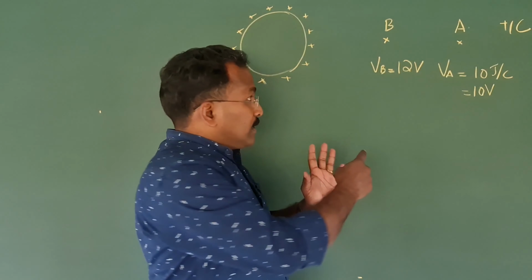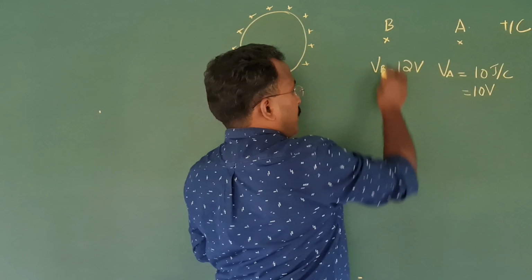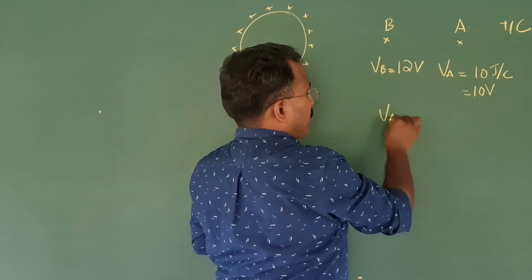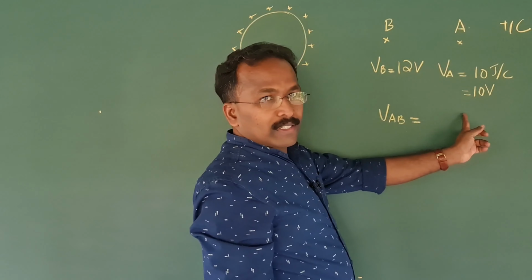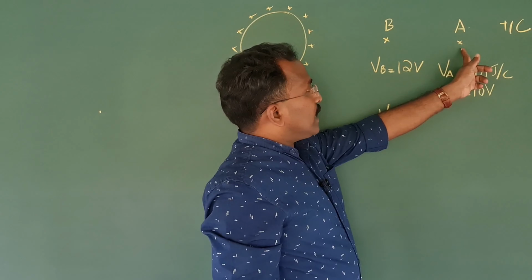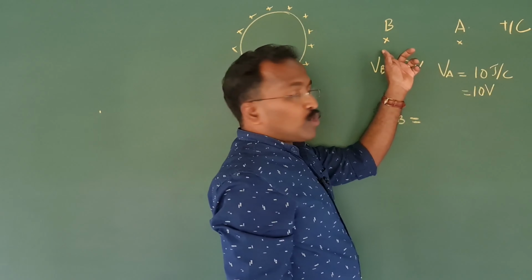See here, potential difference between A and B. So we usually write VAB. VAB is equal to, can you guess? So for bringing that charge here, you need to do 10 joule of work. It is 12 here.